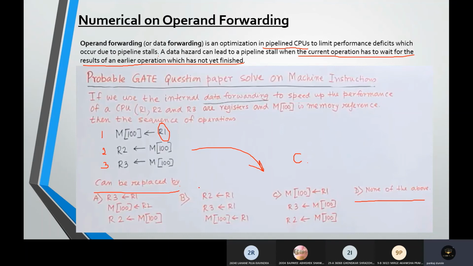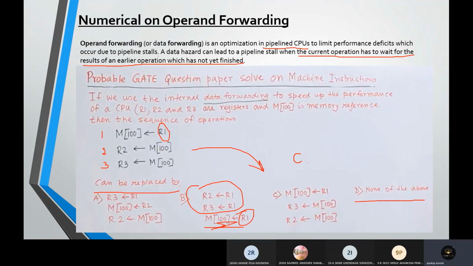Here there is no dependency between these two instructions, because register R1 content you are moving into register R2, and register R2 content you are moving into register R3. R1 register content is a totally separate entity which you are moving into R2 register, in another case into R3 register, and into M100.